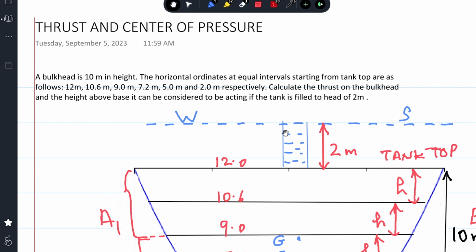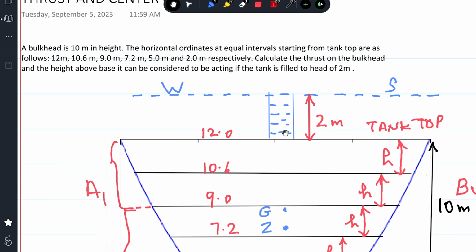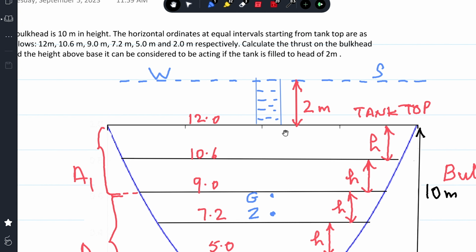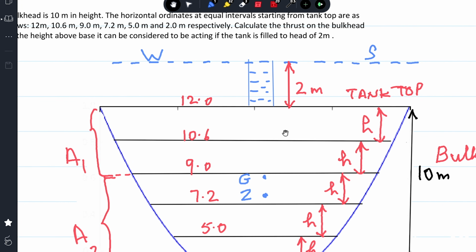So a brief discussion on center of pressure and thrust. The center of pressure will not be the geometric center of the bulkhead. Why? Because we know that the fluid pressure is increasing with the depth.